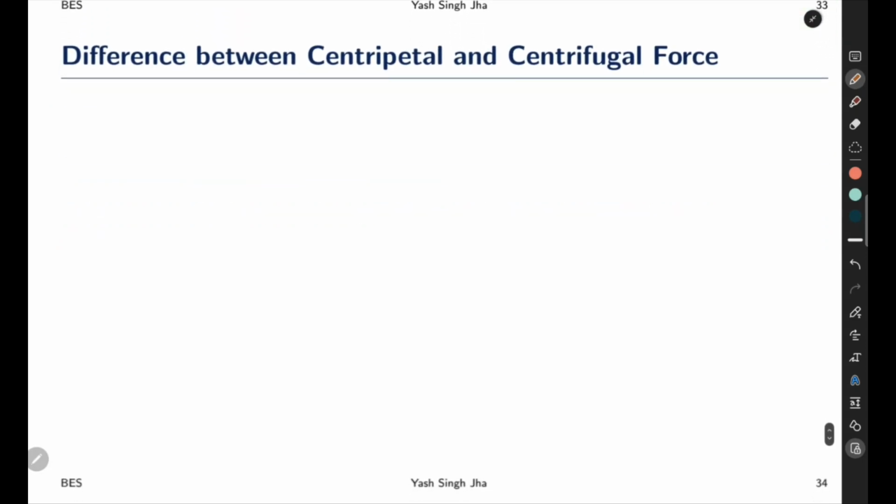Now, the difference between centripetal and centrifugal force. It's a common, very important question in the context of ICSE. So what are the differences?